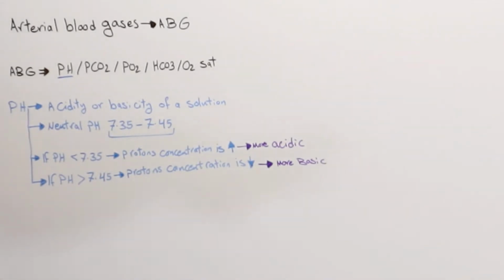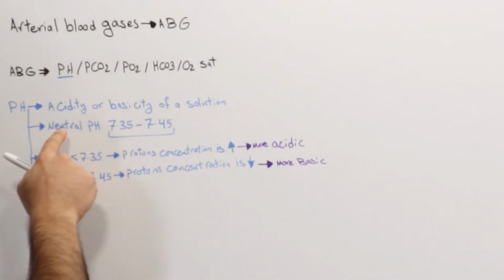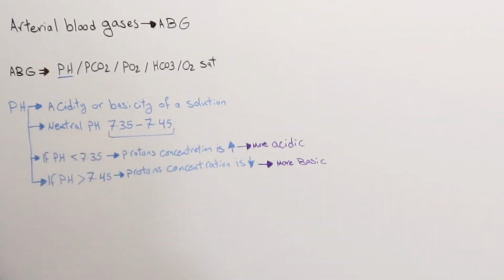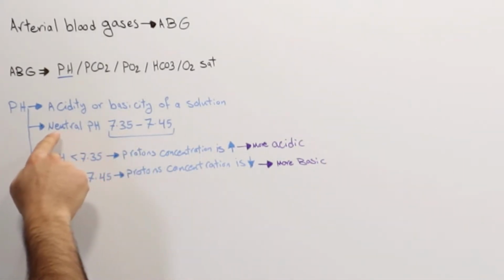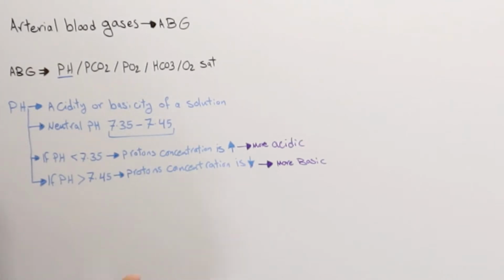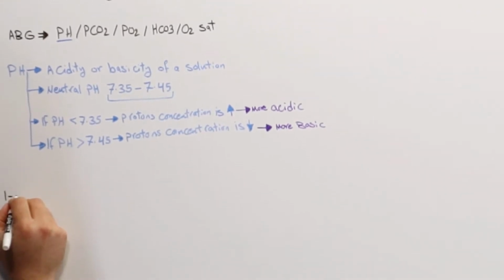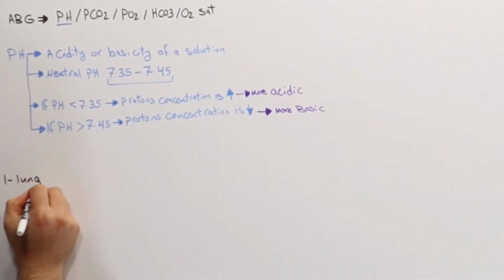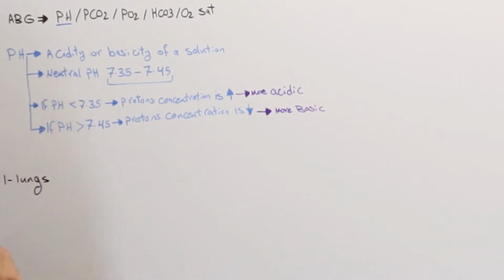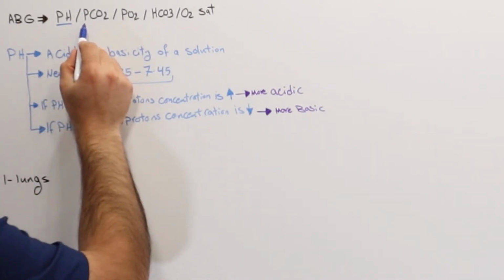The body always tries to stay at neutral pH, balancing each other out. There are two organs in the body that contribute to the neutral pH. The first one is the lungs, both of them, and they are related to PCO2.